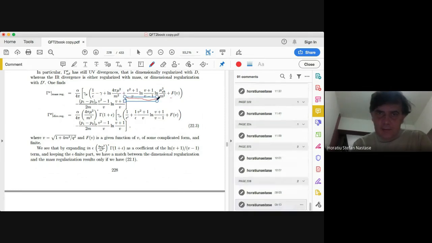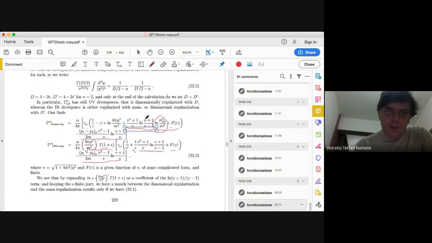So this is equal to this and this, except I have to map this times this into this, which is the map we described here.